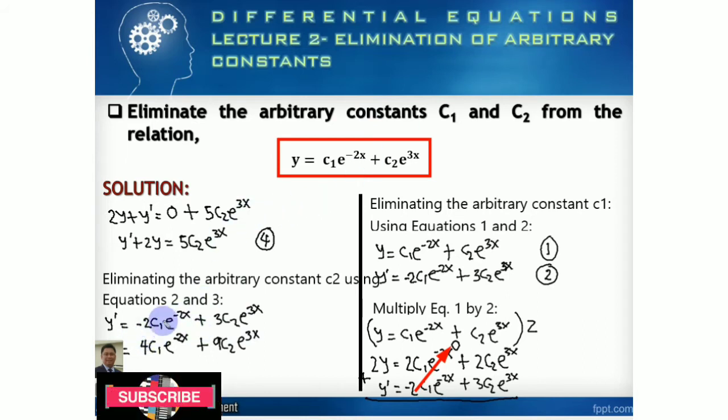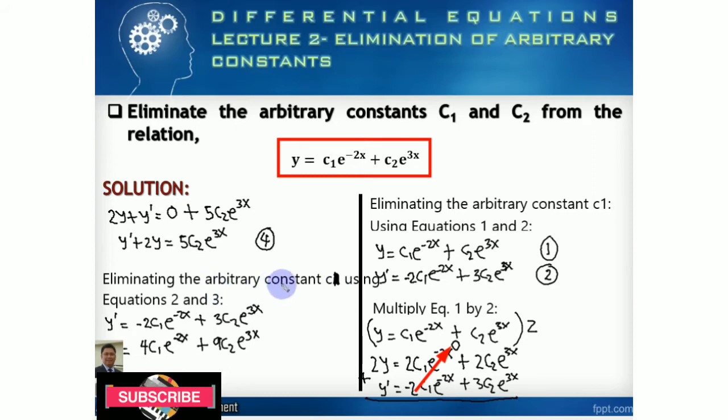So here we are going to multiply this y prime equation by 2 so that we can have this 4, and then if we add the two equations, we can eliminate C1. Eliminating the arbitrary constant, this is actually C1, not C2.